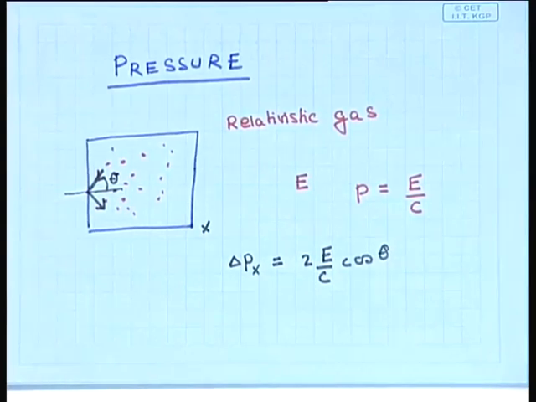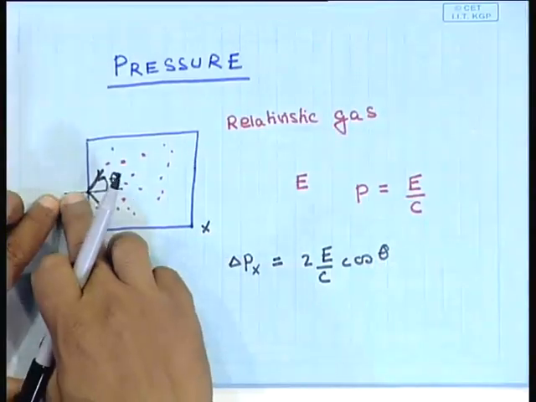Now, we would like to calculate the rate of change of momentum per unit area, that is what is pressure. When I say rate, time is already there, right. Rate of change of momentum is force, per unit area makes it pressure, right. So, force per unit area is pressure, and pressure acts normal to the surface.